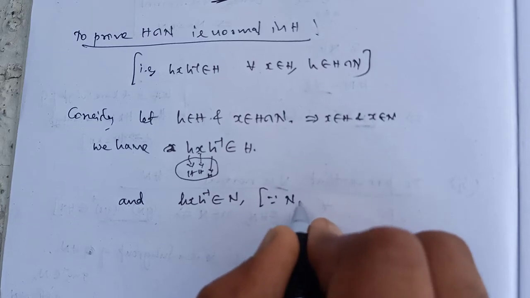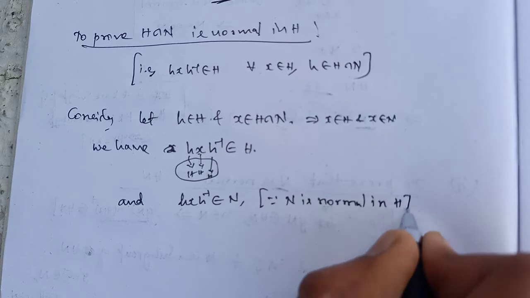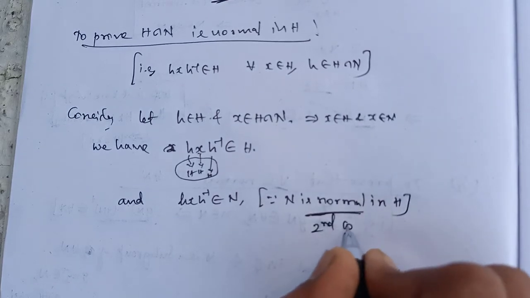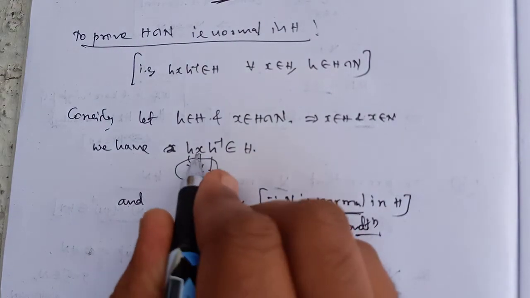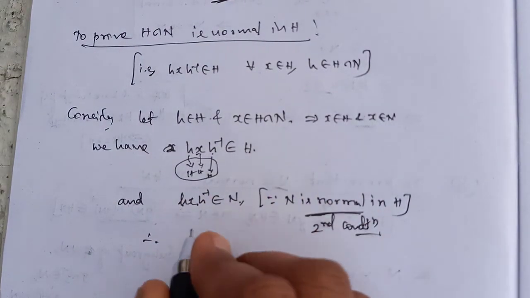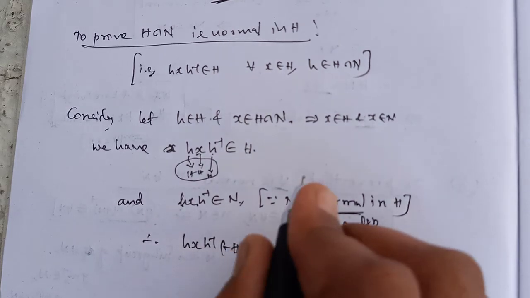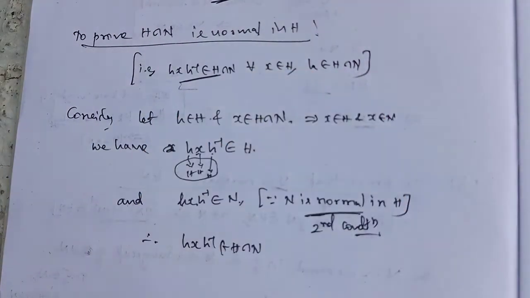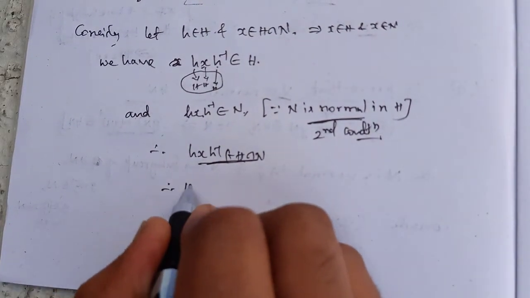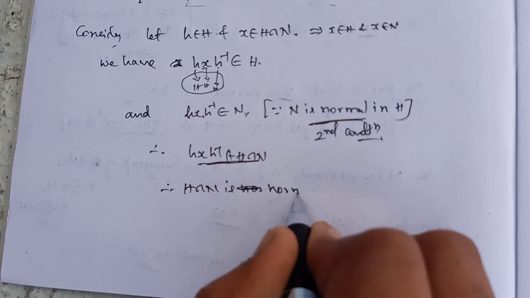Since N is normal, from the definition, this is from the second condition. Therefore hxh inverse belongs to H and hxh inverse belongs to N, therefore hxh inverse belongs to H intersection N. Therefore we can conclude that H intersection N is normal in H.